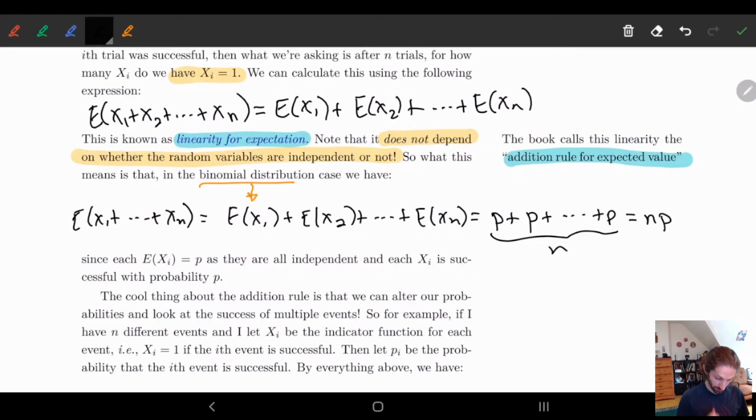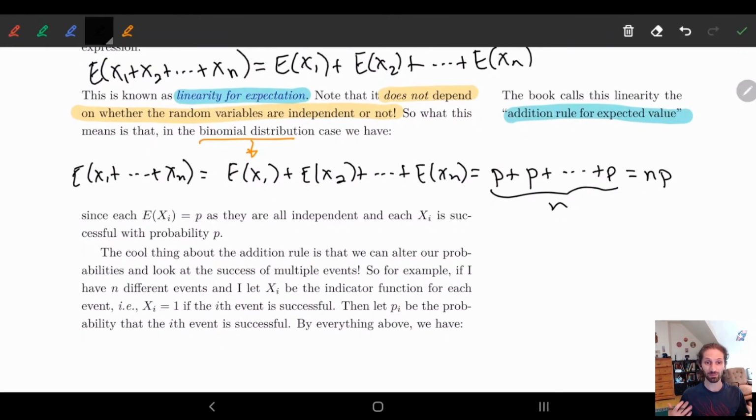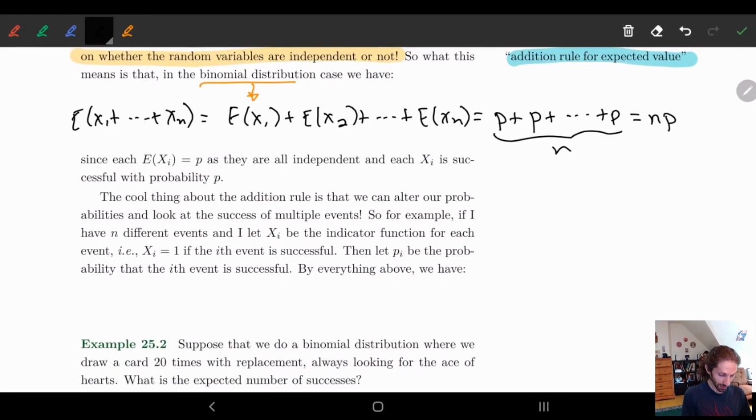And the cool thing about this, it gets even better, is that notice how if they were independent, they each have the same p. But if they don't have the same p, this works just as well. Even if every one of these were dependent, with all different probabilities, we can have the same thing. So if I let E of xi be pi, so each one is different, then I have this very similar thing.